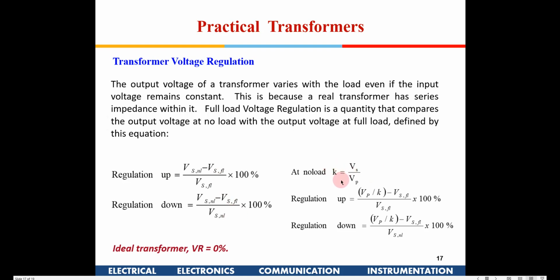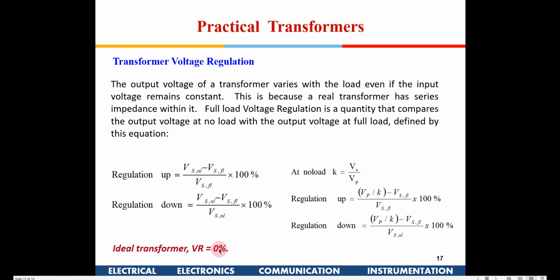At no load, if you call Vs by Vp as K, that is nothing but 1 by A. Then you can write regulation up and regulation down in terms of K also. That is not important, but you need to remember these two equations, regulation up and regulation down.